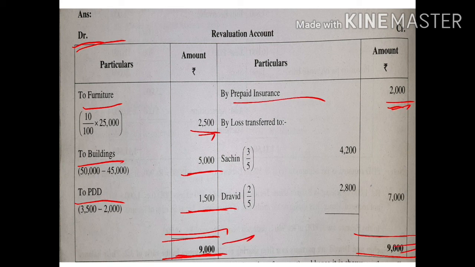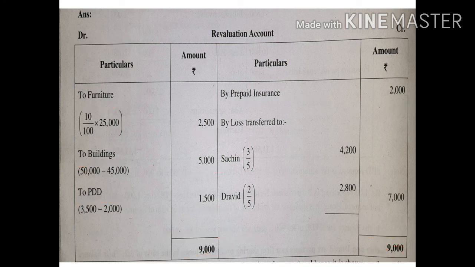Next, from this 9,000 you deduct this 2,000, then you will get this 7,000 balance. So it is a loss. You are getting no balance on the credit side. If you get the balance on this side it means profit; if on this side it means loss. So this 7,000 loss is transferred to the partners' capital accounts and distributed to the old partners only, in their old ratio.